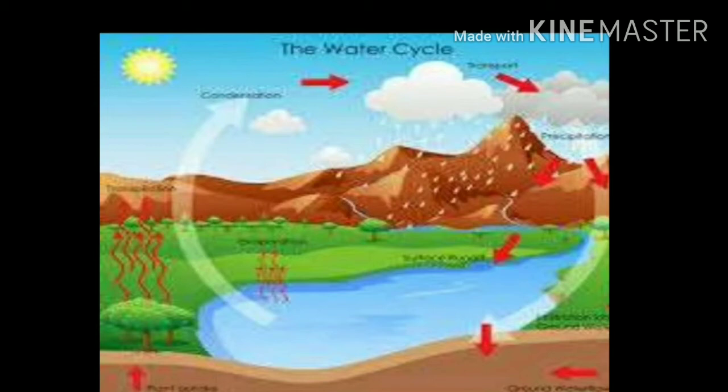So in this way, when the rain starts, it gets collected again in the seas and rivers, and again the evaporation process is there and it goes on continuously. So this water cycle is very important.